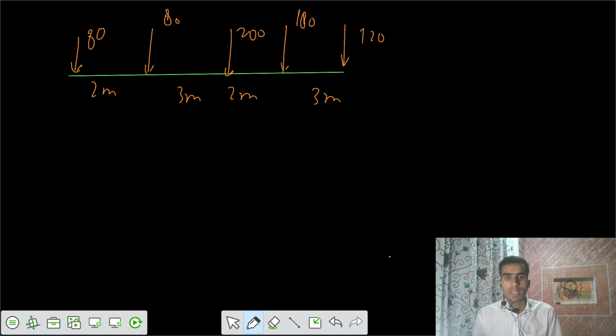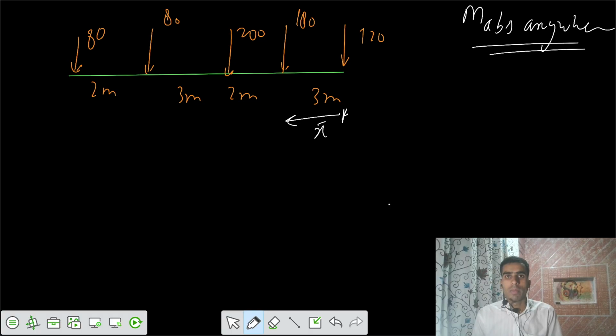If I want to calculate the centroid, let's go from this side. What is the CG of the loads? I need the absolute bending moment anywhere in the beam. So what is the centroid from the right side?